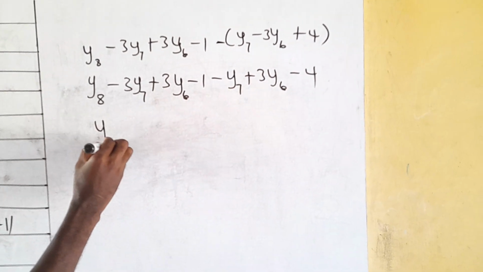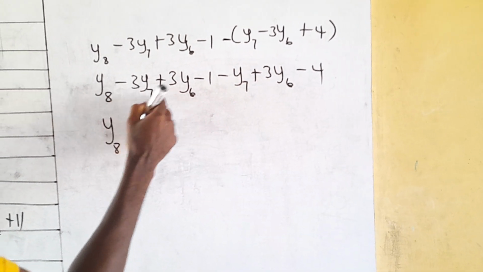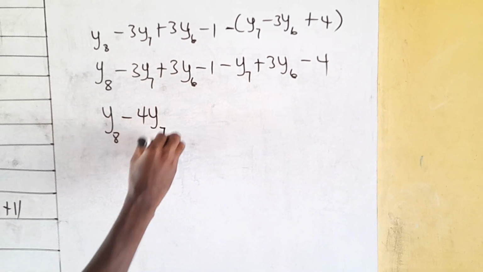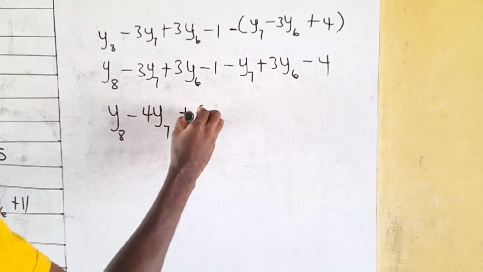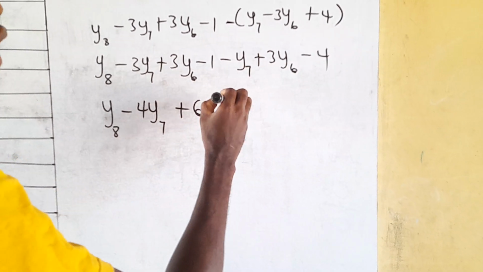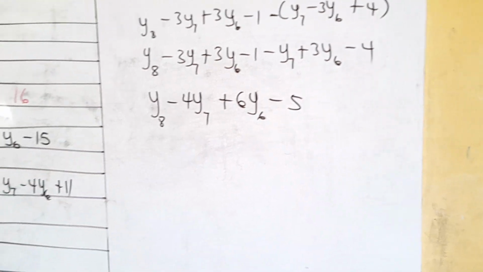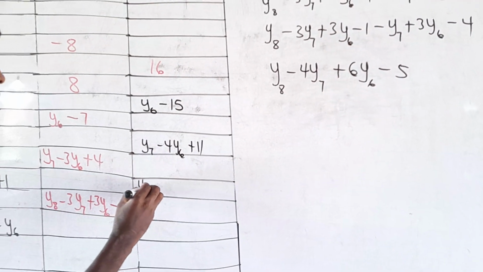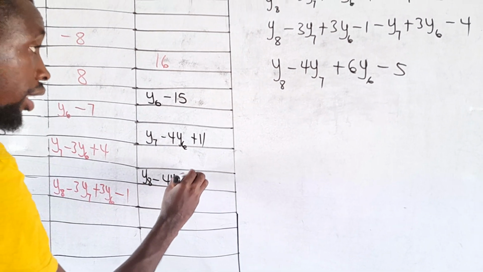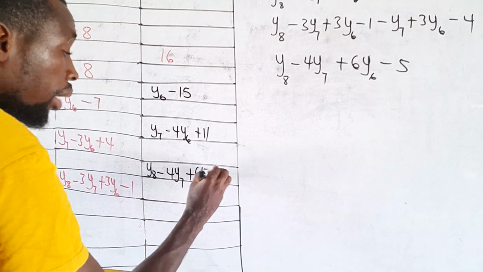So we have y8 minus 3y7 minus y7, that will be minus 4y7 then plus 6y6. Then minus 1 minus 4, that will be minus 5. So this place we have y8 minus 4y7 plus 6y6, then minus 5.